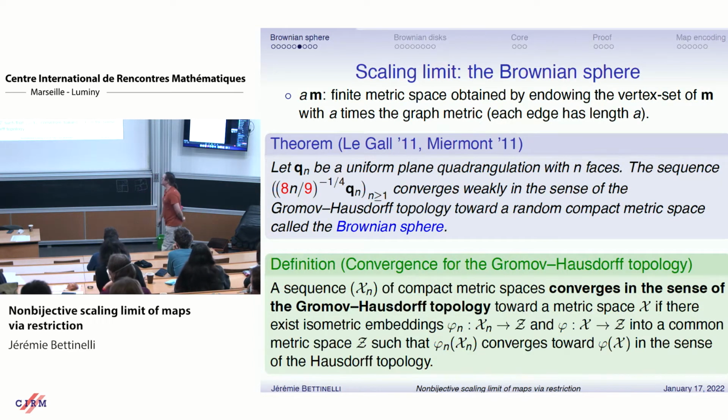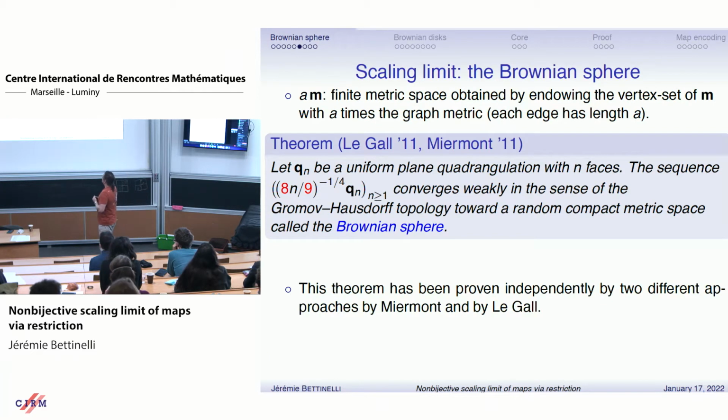Maybe to be a bit more precise, this theorem says that you can embed all your spaces, all these guys, into the same metric space in such a way that in this metric space you have convergence for the Hausdorff distance. Yes, this is not a mistake.